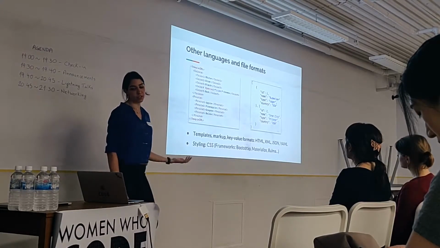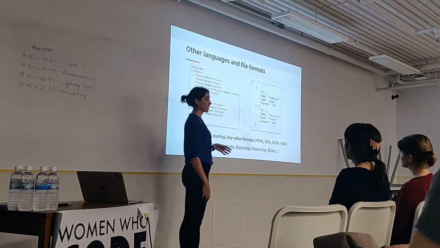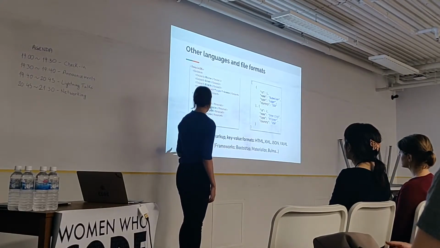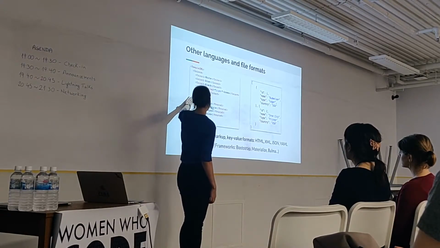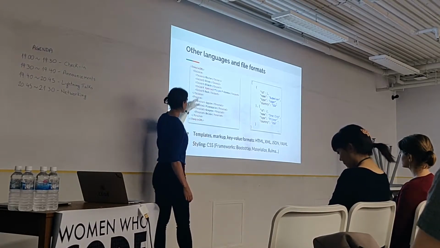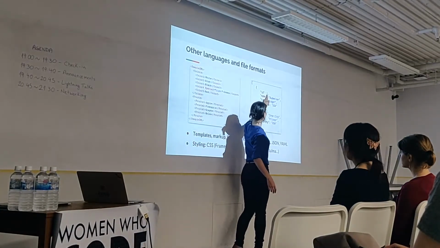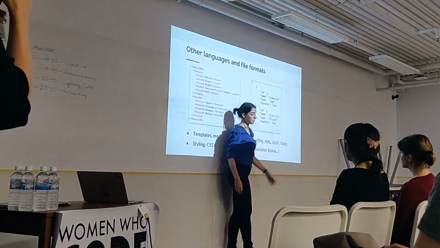And then there are other languages or file formats that are not exactly programming languages, but they're formats for how you format a file to output data or a template. For example, HTML or XML, or JSON, which is a key and value type of format.